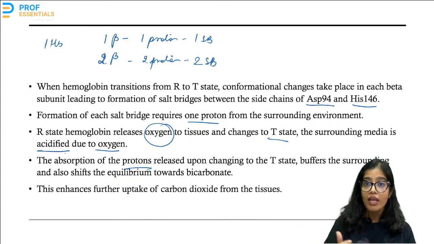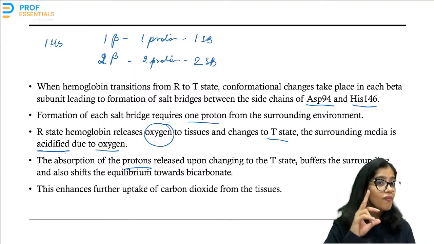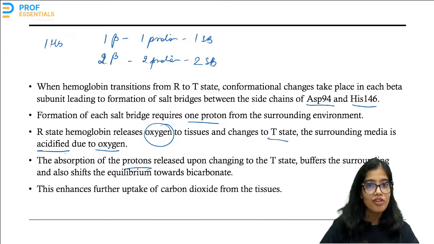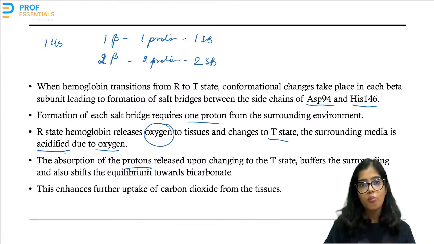So if you're acquiring protons from the surrounding media, you are reducing its acidity. Therefore, the conversion of R state to T state gives off oxygen, but at the same time buffers the increase in acidity by absorbing protons. Understood? So this is how homeostasis is achieved. Now, the protons are absorbed.